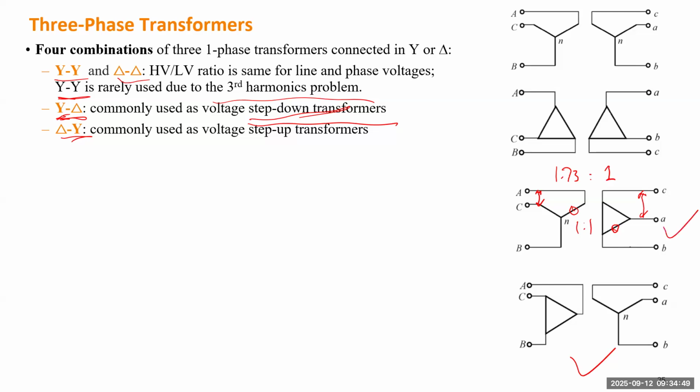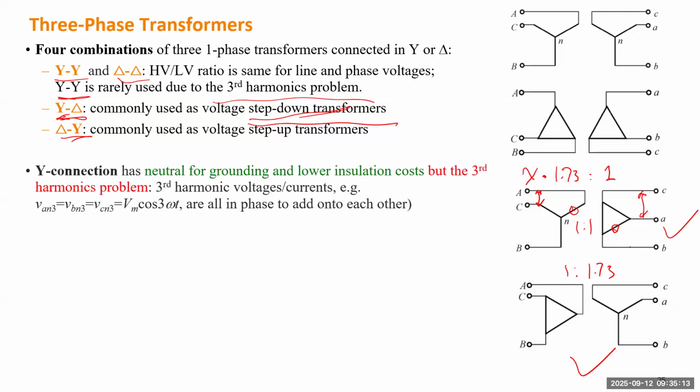So you want to use this one as the step-down transformer, and this one naturally generates 1 to 1.73 as a step-up transformer. Okay, if you want to make this ratio bigger, you just need to multiply by an additional ratio. That will give you more step-down transformation.